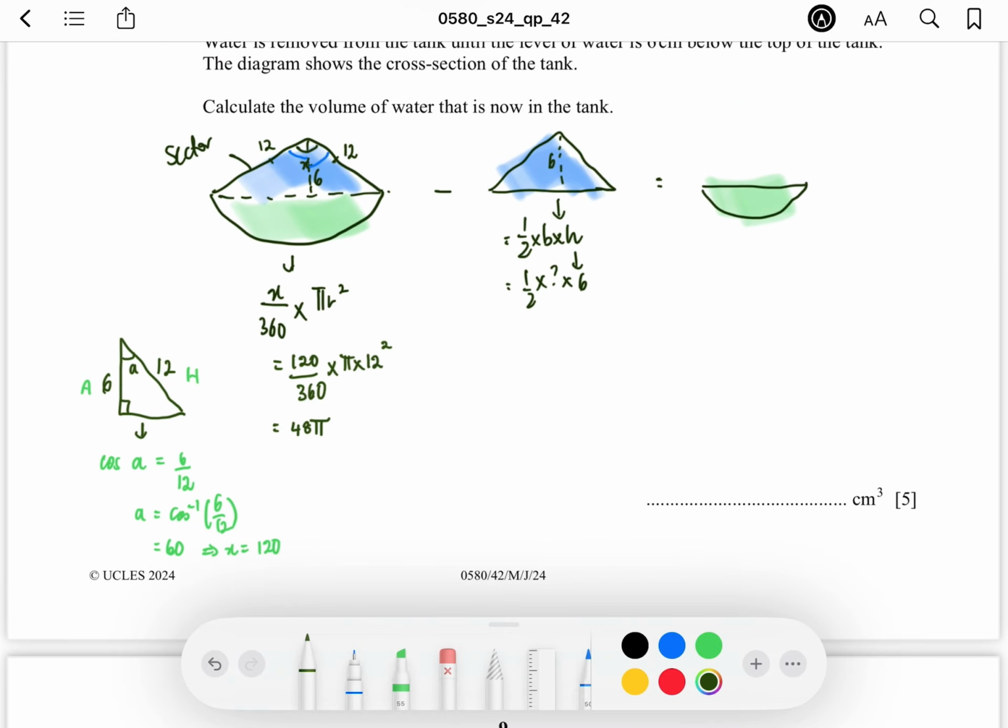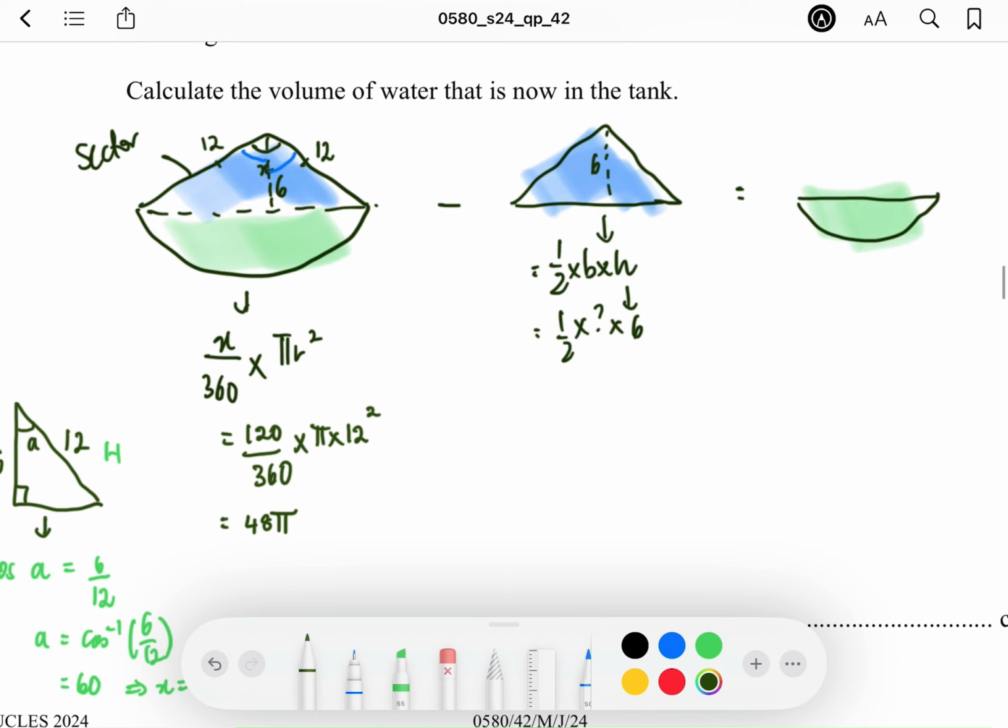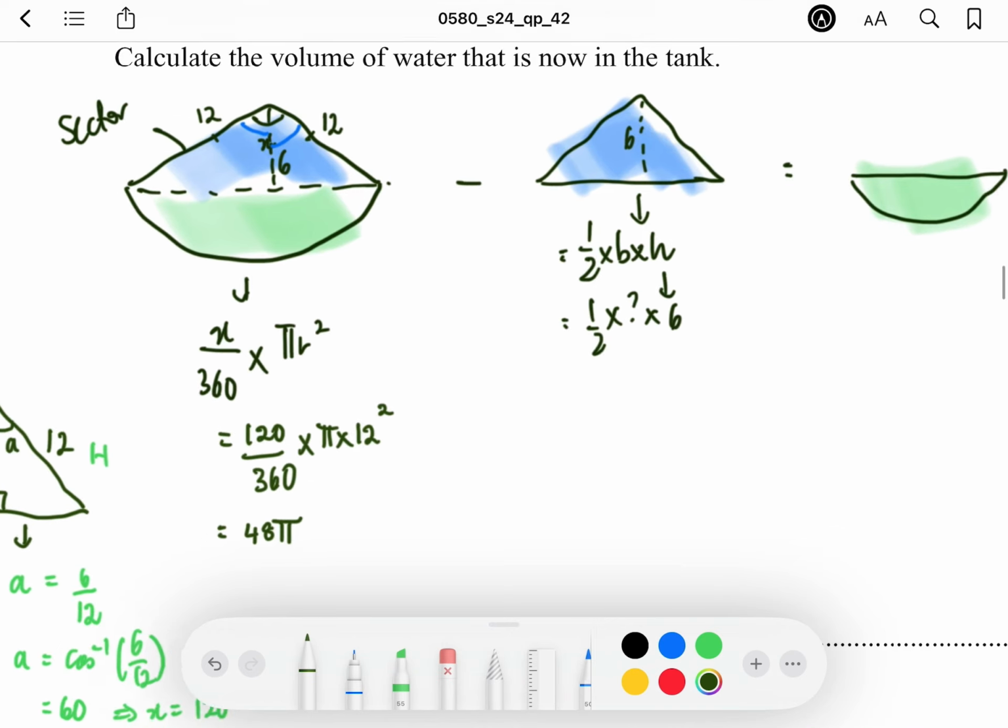Next. Okay, next is the triangle. We're missing the base. Any thoughts on how we can find the base of the triangle? What can we do?